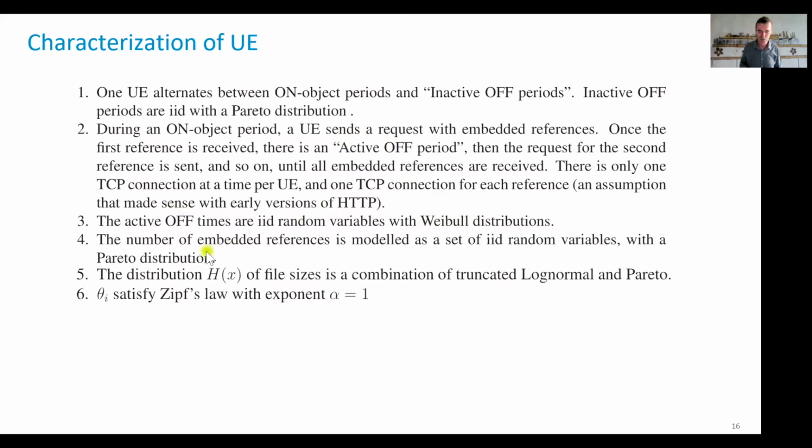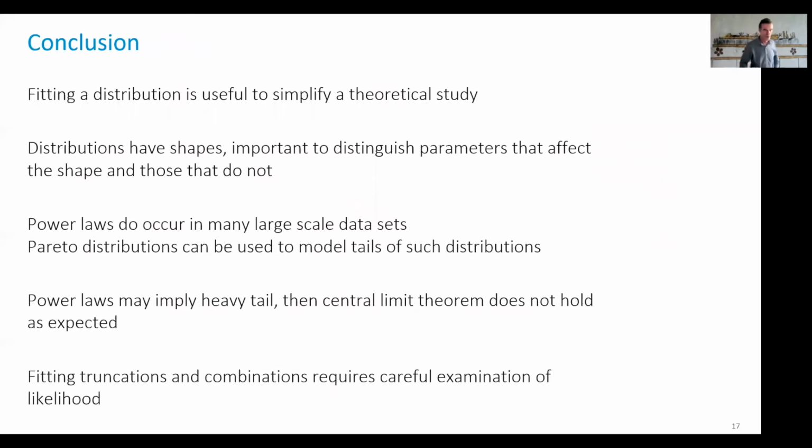They also find Pareto distribution for the number of embedded references, and the distribution of file sizes, which is the one that I've shown in the example before, has a heavy tail and is modeled as a truncated log normal and Pareto. Voilà, for more details, I invite you to go to the paper and the summary that's in the lecture note.